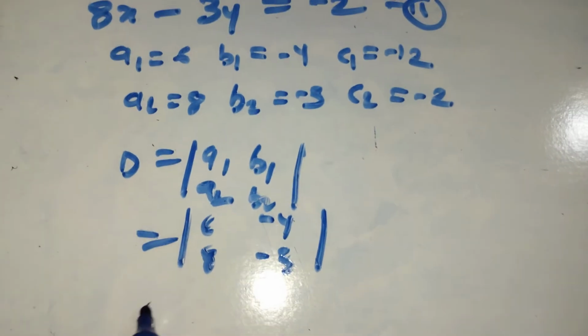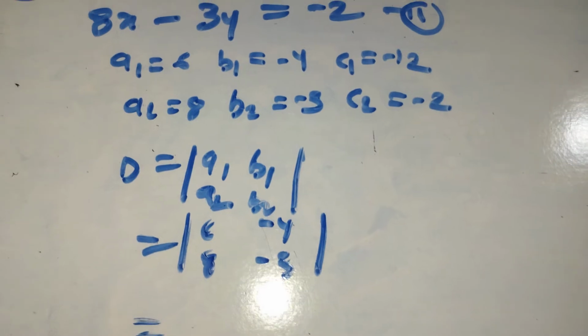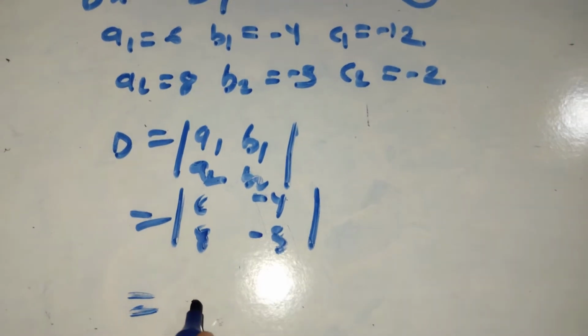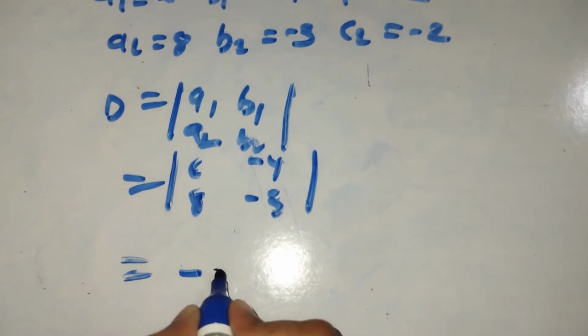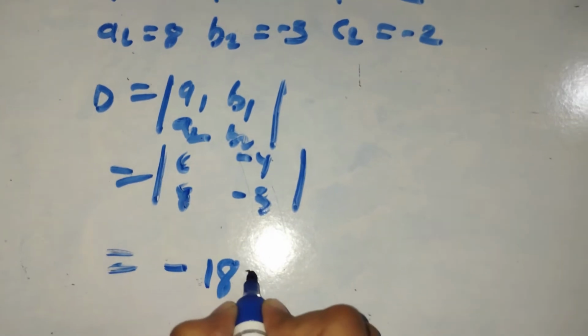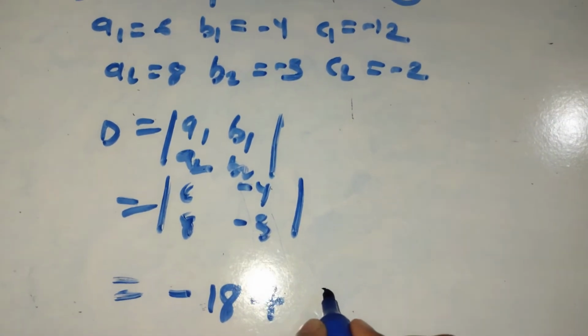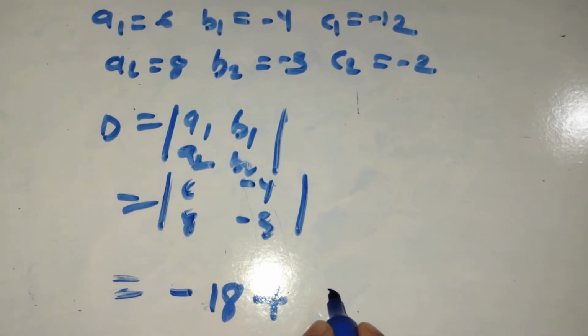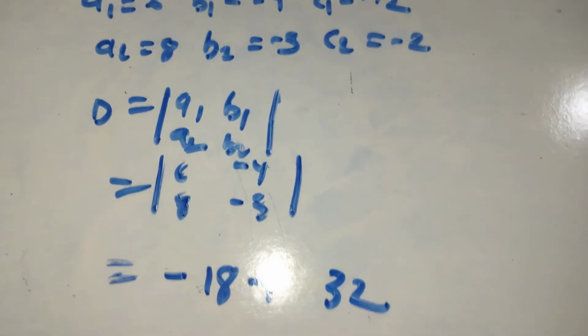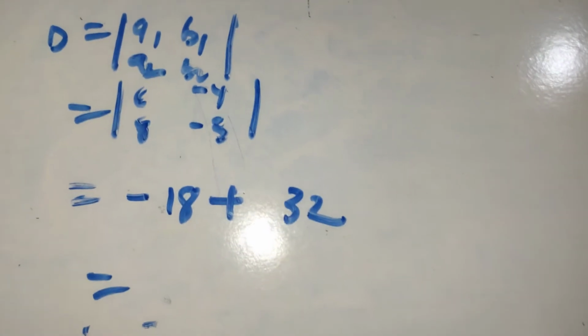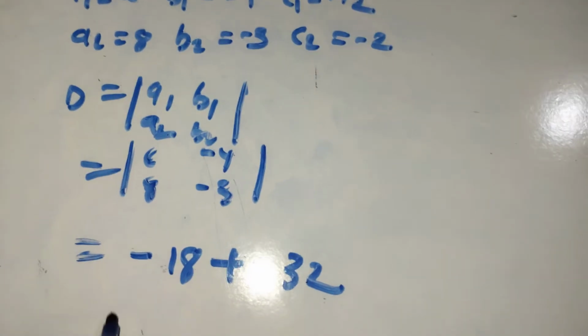Okay, so 6 multiplied by minus 3, which is we will get minus 18, and minus will get plus, and 8 4s are 32. Okay, so we'll get 14.